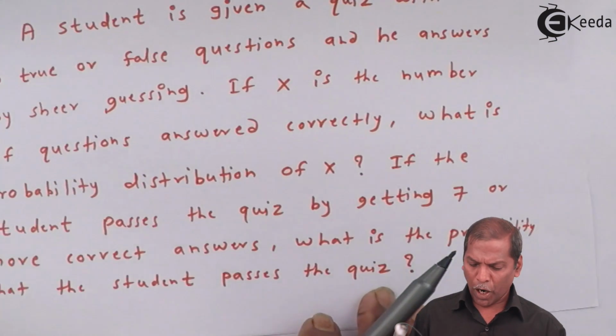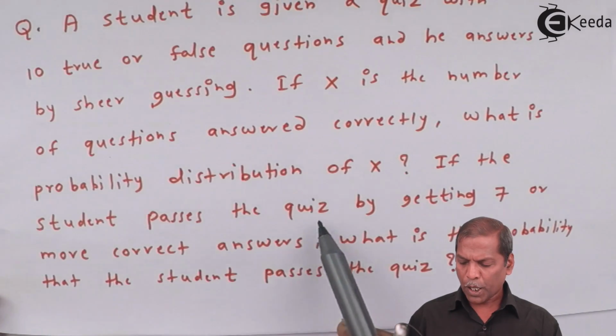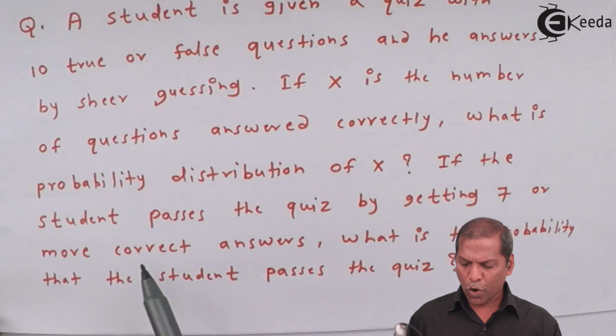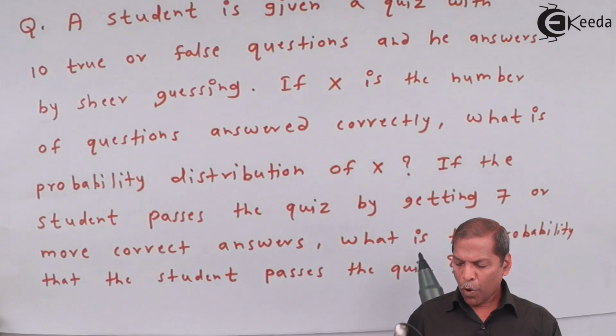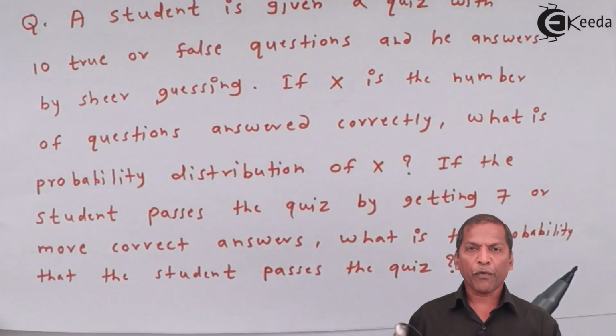Now here we have to find, if the student passes the quiz by getting 7 or more correct answers, what is the probability that the student passes the quiz?